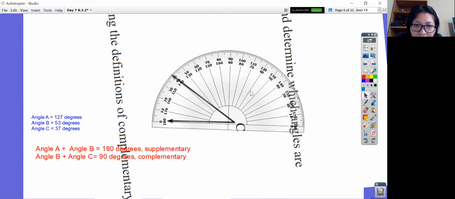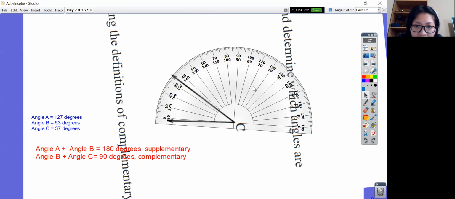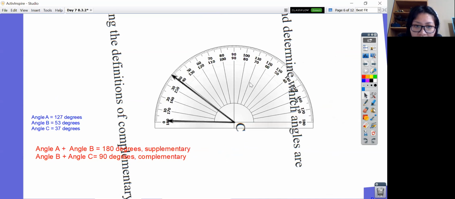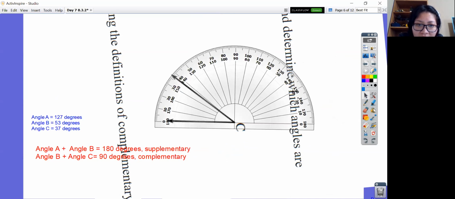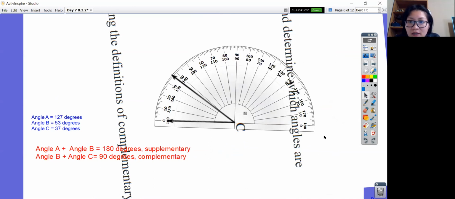Okay, match the vertex. There we go. One of the rays has to match the straight line of your protractor. Match 0, 180 degrees. So let's see how big angle C is.